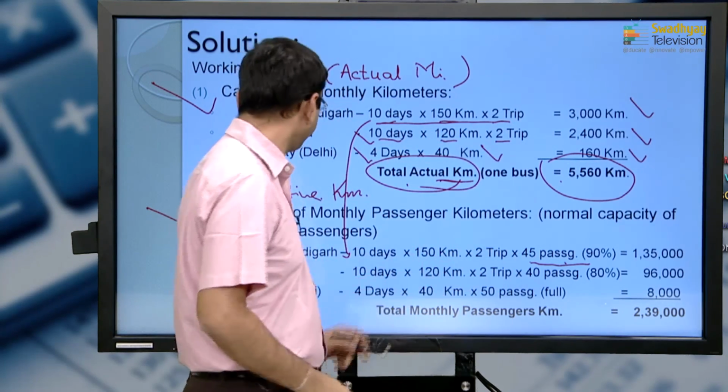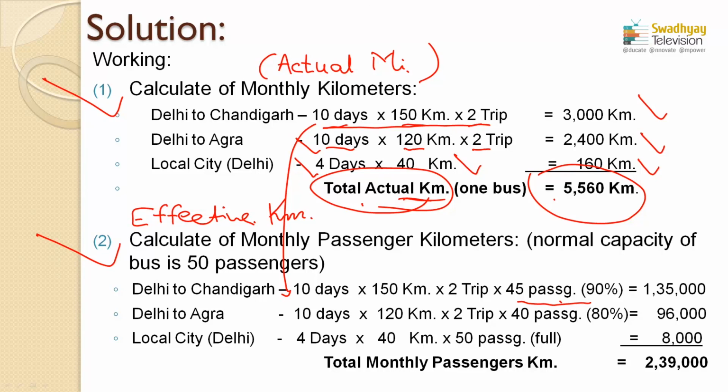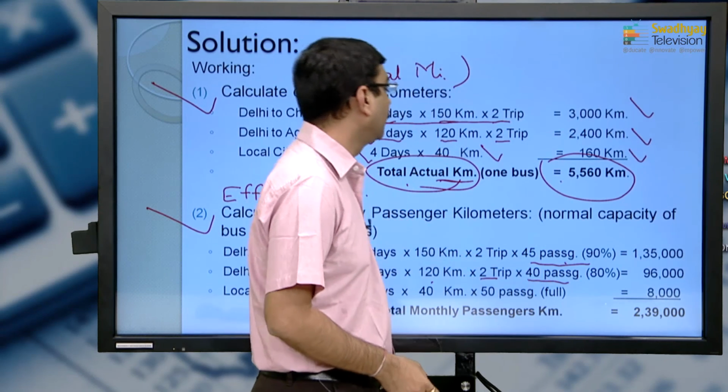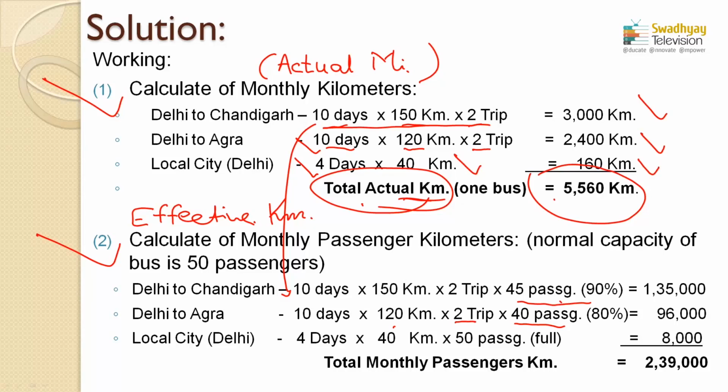The second route is calculated the same way, with no change at all. Delhi to Agra: 10 days as it is, the distance between the two places is 120 kilometers, which also remains the same, and the two trips, to and fro, also remain the same. Only the change here is that the capacity is 50 passengers, but the occupancy ratio is 80%. That means the capacity carried by the travel provider is 80% only.